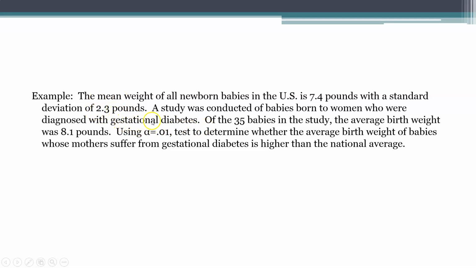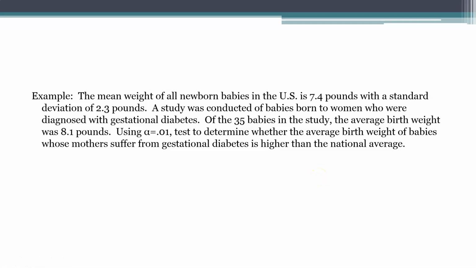So for mothers who have gestational diabetes, we have 35 babies in the study and found that their average birth weight was 8.1 pounds. And we want to use alpha equals 0.01, or in other words, a 0.01 level of significance, to determine whether the average birth weight of babies whose mothers have gestational diabetes is higher than the national average of 7.4 pounds.